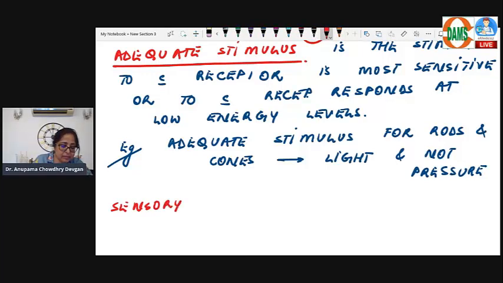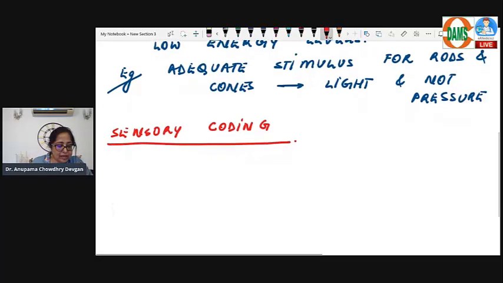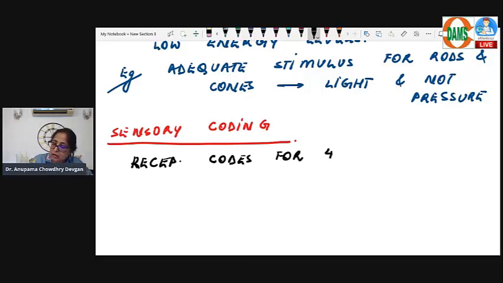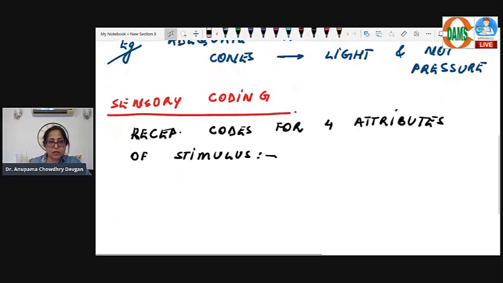A receptor codes for the 4 attributes of a stimulus.